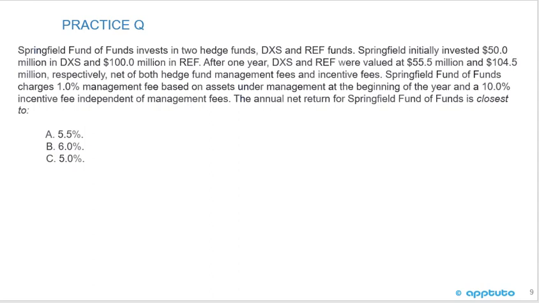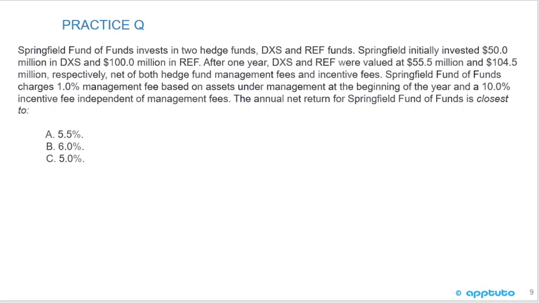Springfield Fund of Funds invests in 2 hedge funds, DXS and REF funds. Springfield initially invested 50 million in DXS and 100 million in REF. After 1 year, DXS and REF were valued at 55 million and 104.5 million, respectively, net of both hedge fund management fees and incentive fees.